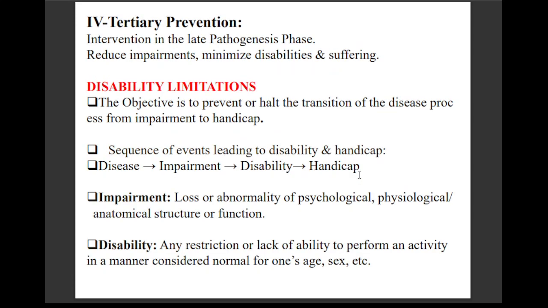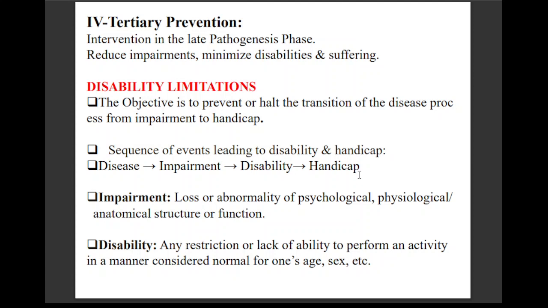Next is tertiary prevention. What tertiary prevention can do is interventions in the late pathogenesis phase, that is, reduce the impairment or minimize the disability. Suppose the person has caught the infection. What next? Care must be taken that the infection should be restricted to a particular organ. It should not spread to other organs or affect other major organs.